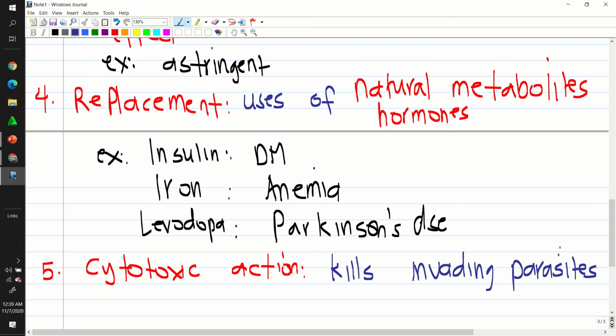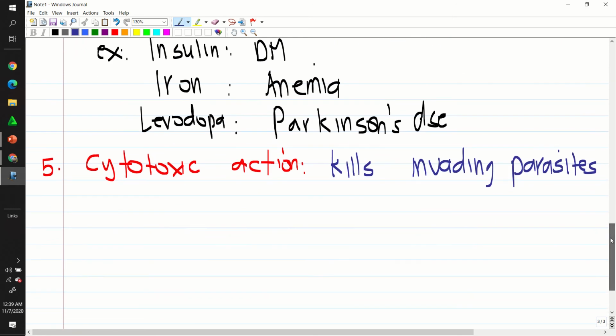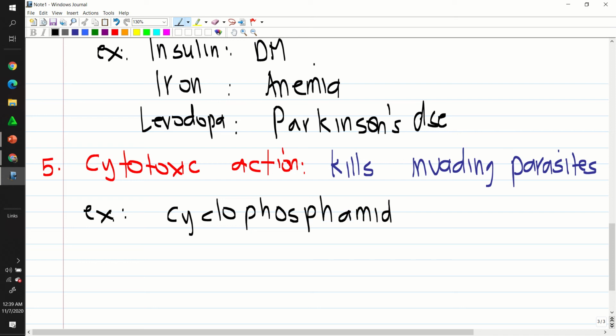An example of which is chloroquine, cyclophosphamide, penicillin, and so forth. That's your cytotoxic. It kills invading parasites or cancers.